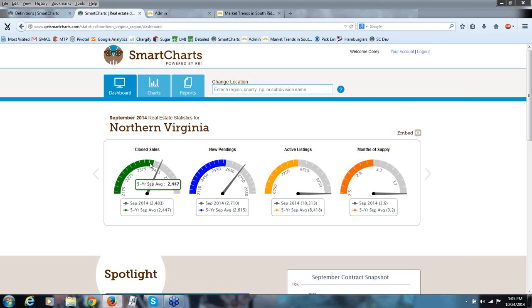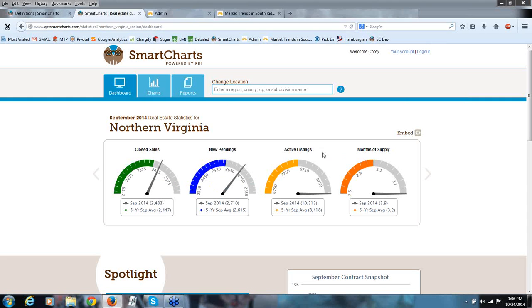So I can see even though we may be down year over year from last September, we're still above the 5-year September average. We're not at the 5-year max, which is the boundary on the right, and we're well above the 5-year min, which is the boundary on the left. So in that one space, I can tell the 5-year min, 5-year max, the 5-year average, and that month.